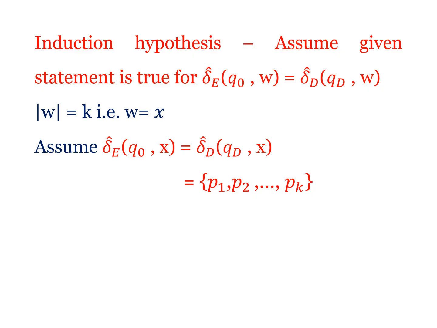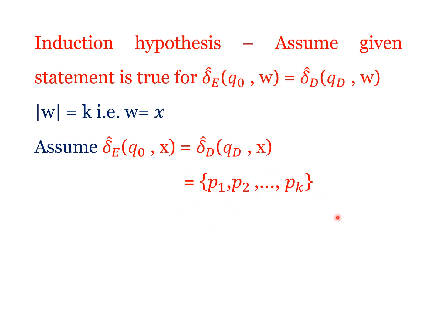We assume the given statement is true for the word X whose length is K. We are also assuming that the epsilon NFA starting from Q0 and processing all the characters of the string X, and the DFA starting from its start state QD and processing each character in the string X, both obtain a set of states P1, P2, etc., up to Pk.